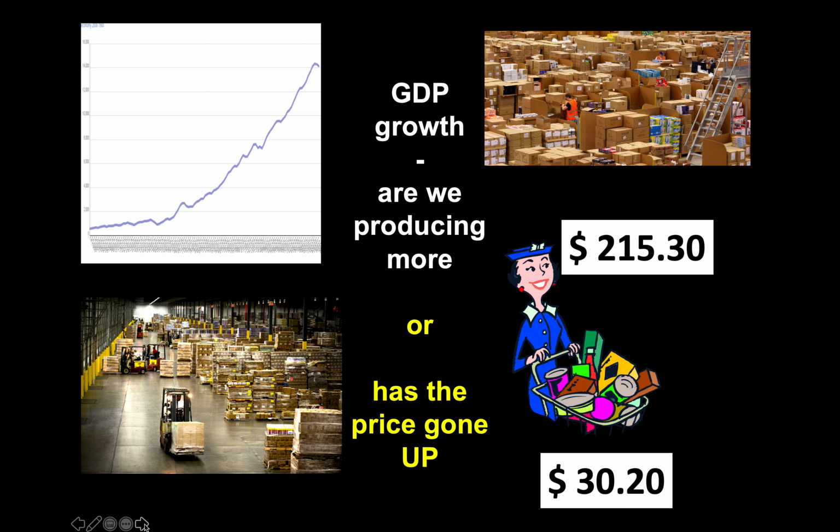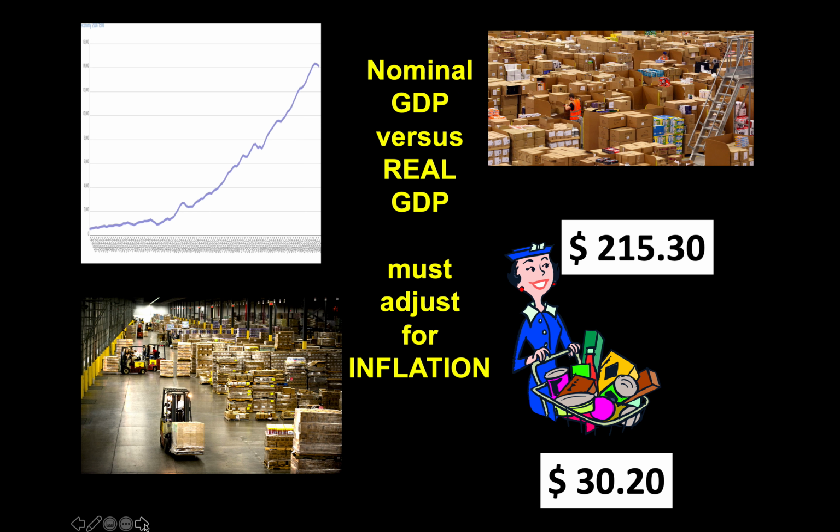So, think of the half a gallon of milk that no longer costs what it cost 50 years ago. It costs 3 or 4 times as much or more. Okay, that's inflation, and inflation is something that we have to account for.